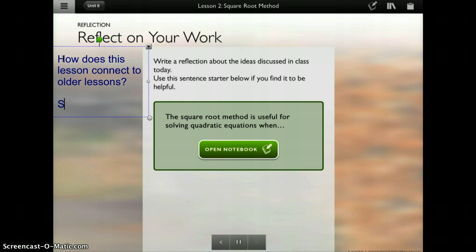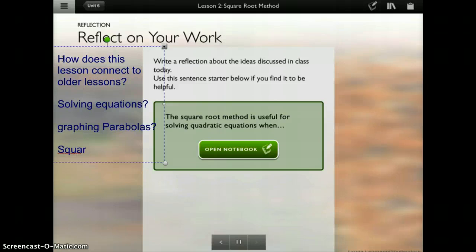Maybe specifically solving equations, or maybe graphing parabolas. What does it remind you about square roots? When did you even learn square roots? How is it helpful now?